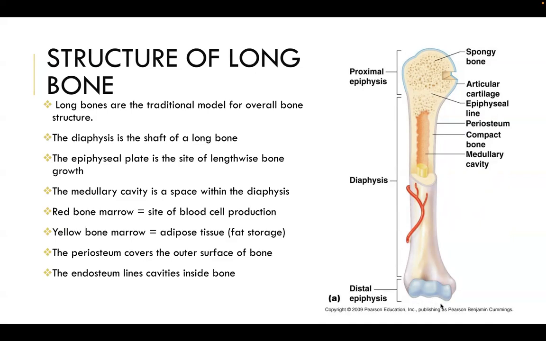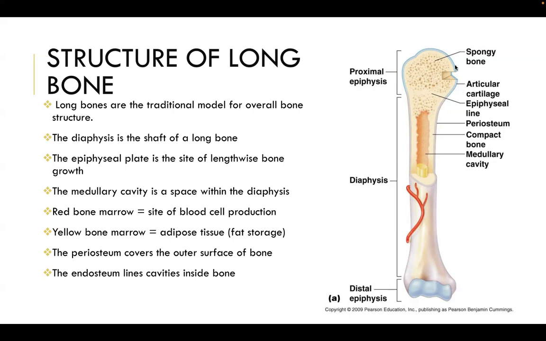There's a distal epiphysis, which is going to be the distal portion of the bone, the end of the bone away from the point of attachment. Okay, remember, distal means away from the point of attachment, and the point of attachment is where that limb attaches to the torso, right? Okay.